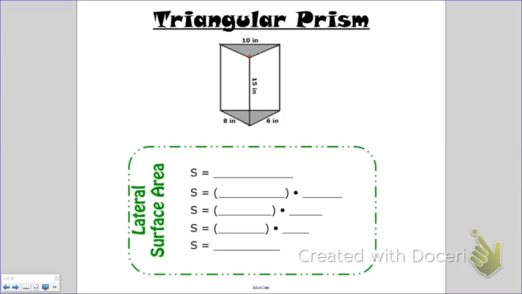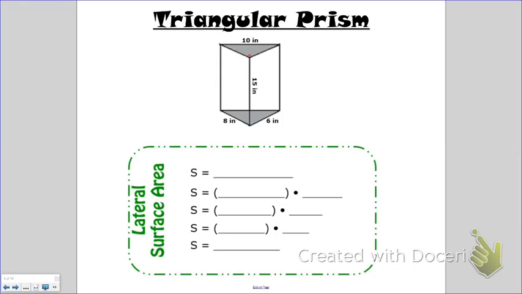But with a triangular prism, y'all tend to get confused because a lot of times the way they draw a triangular prism isn't like the one we see here, but they'll draw one tipped over on its side like a tent. And so you think that because it's sitting on a rectangle, it's a rectangular prism.